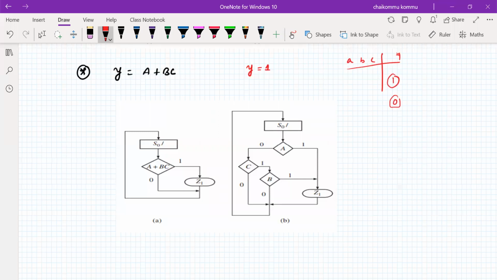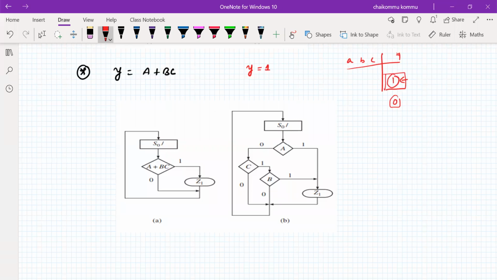So y equal to 1 means the output is equal to 1, and y equal to 0 means the output is equal to 0. So no need to say the output value two times. If you say the output is equal to logic 1, and you're not mentioning it otherwise, the output is equal to 0 only. Okay, fine.